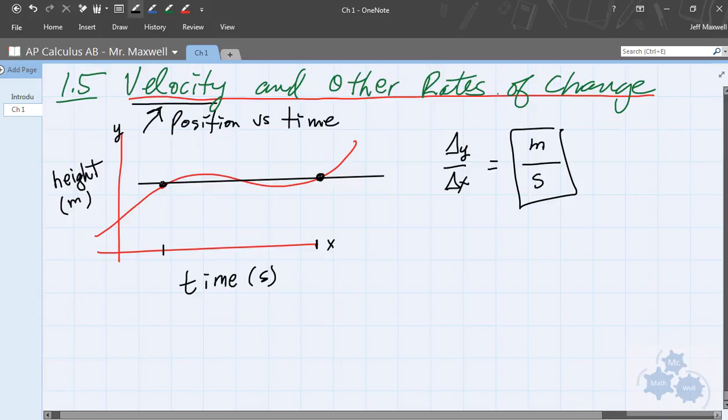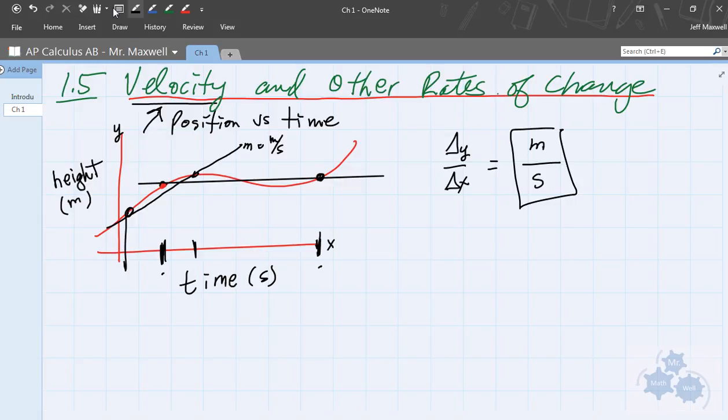Now, notice that the slope between any two points, even these two points, when we connect them, is going to be the speed from this time to this time. This line is going to be the average speed or average velocity from this time to this time.